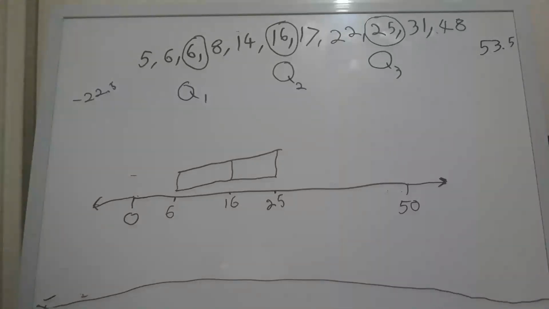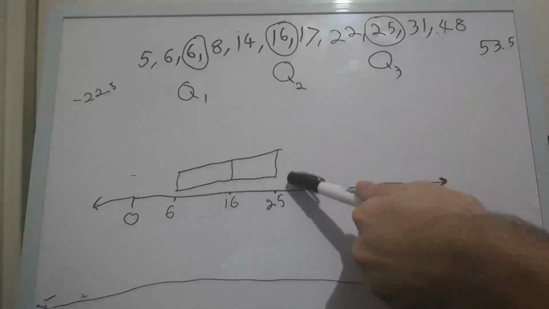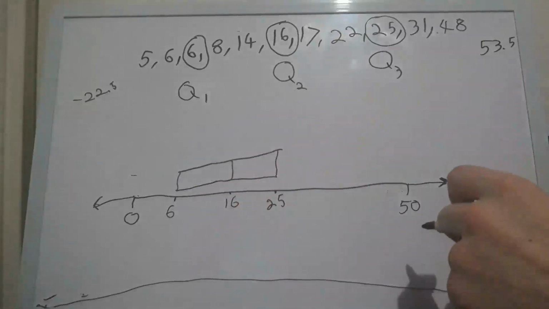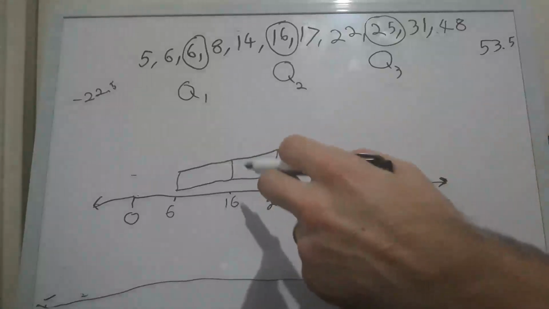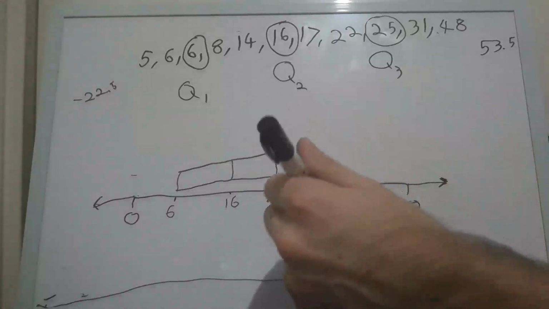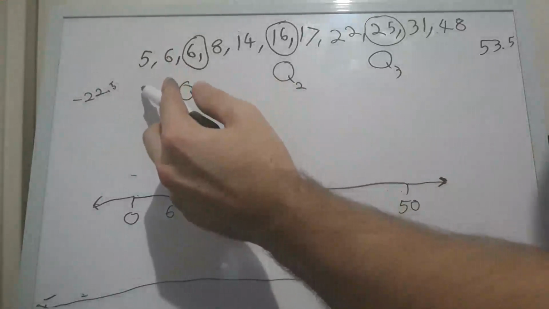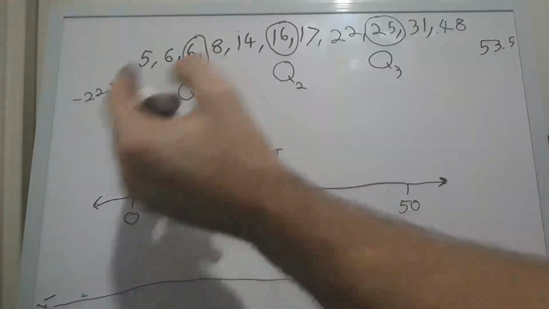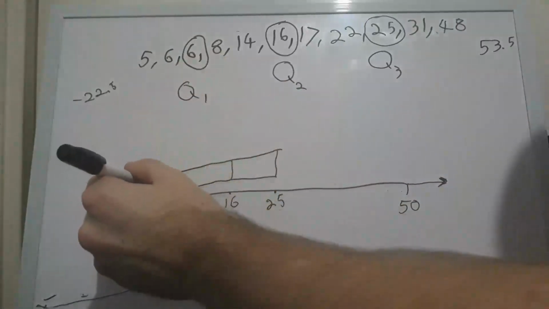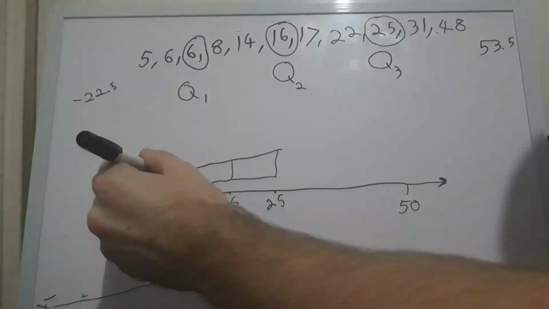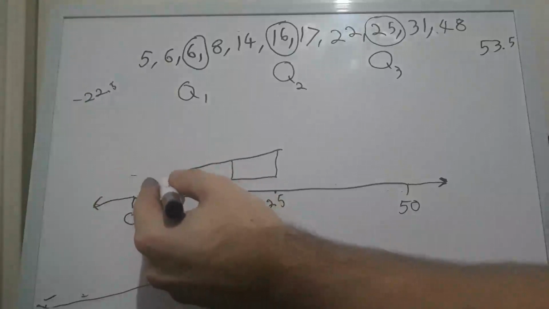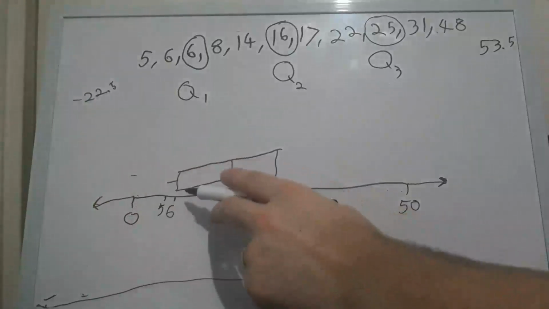Okay, Q1, Q2, Q3, this is your box. Now, box plots have what's called the box and the whiskers. What is the smallest value of our data set? It is 5. So, we'll call that 5. And we'll have a whisker that extends from Q1 to your minimum value, which in this case is 5.